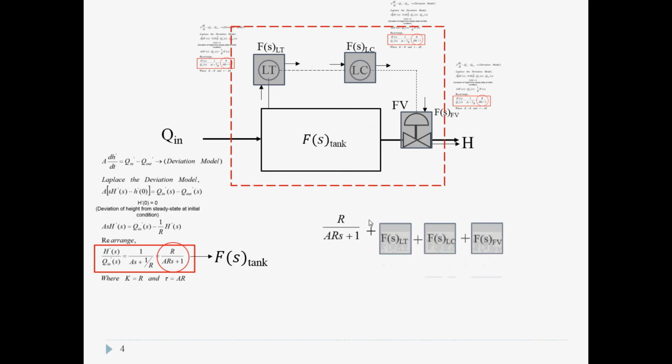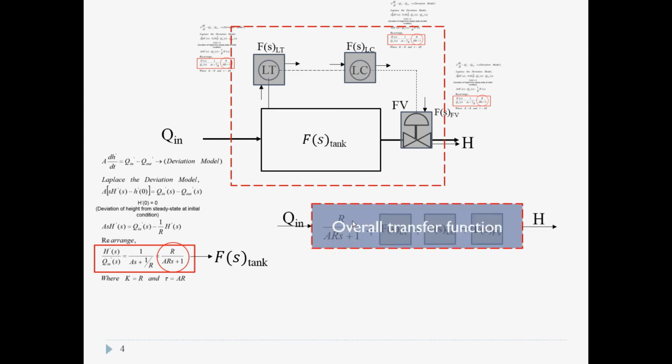By doing this, we can combine the transfer functions of all the components, including the tank, the level transmitter, the level controller, as well as the flow valve, and this will give us an overall transfer function that needs to be solved and simplified.